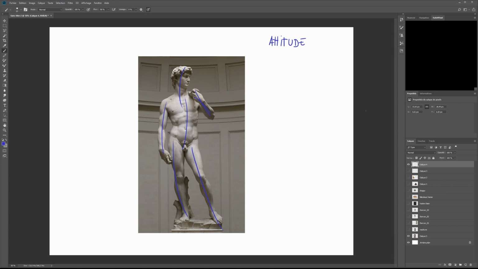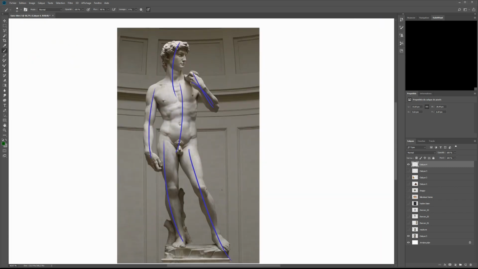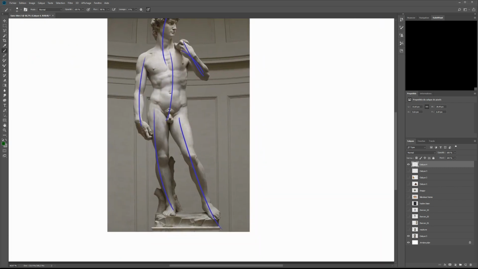Okay, and I'm gonna pick another color for this. Let's have some green maybe. And there are gonna be what I'm gonna call anatomy curves, but really it can be any kind of secondary shapes that are not defined by the pose. For example, on the leg it's very visible.